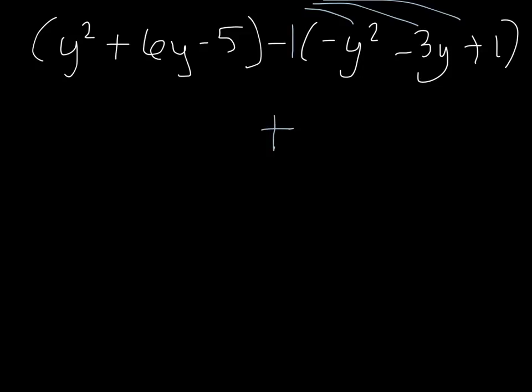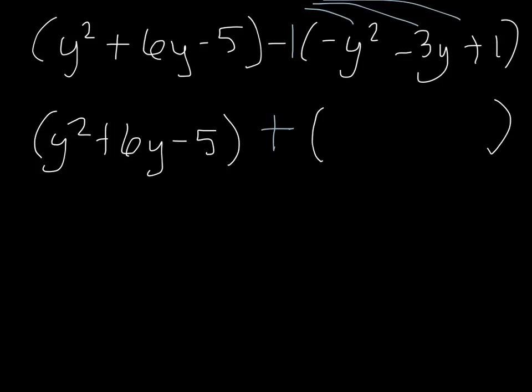This whole first polynomial is just going to hang out by itself. And then the second polynomial is changed to a positive y squared, a positive 3y, and a negative 1. In other words, all I've done is taken this subtraction problem and turned it into an addition problem.